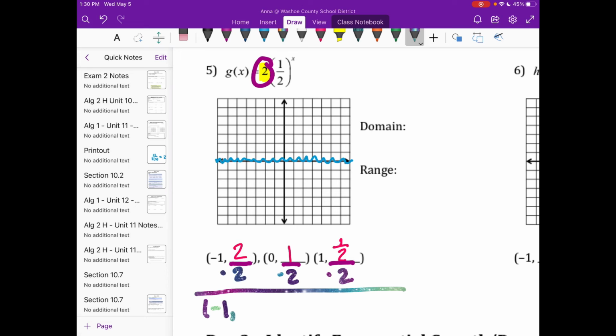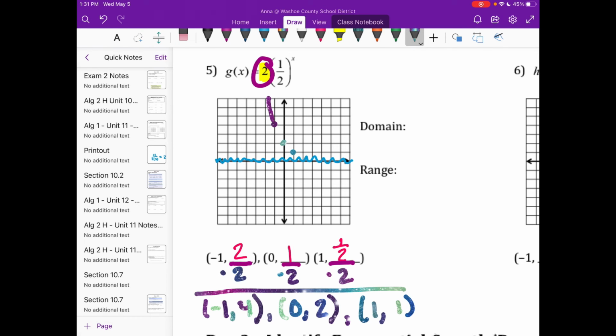So our new y's, or our new points, are still going to be at -1, but 2 times 2 is 4. 0, and then 1 times 2 is 2. And then 1, and then 1/2 times 2 is just 1. So those are all my points that I'm going to graph on my graph. Okay, so -1, 4: 1, 2, 3, 4, cool. 0 and 2, right here.